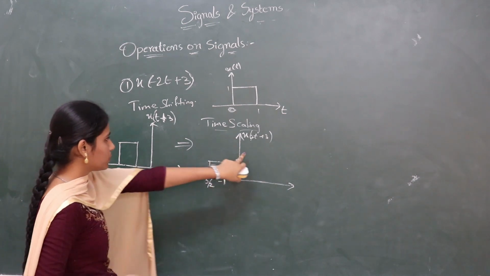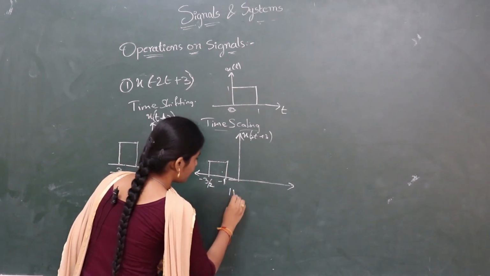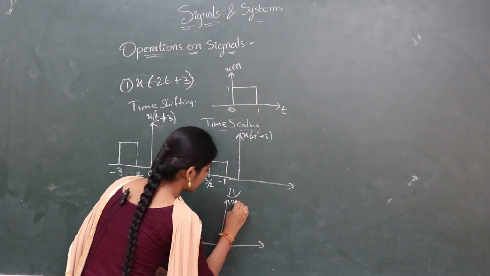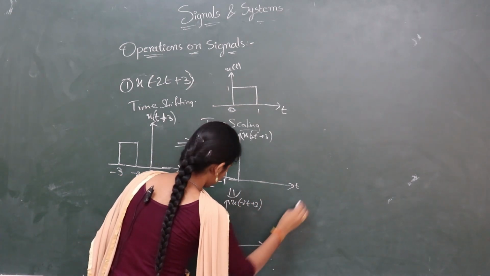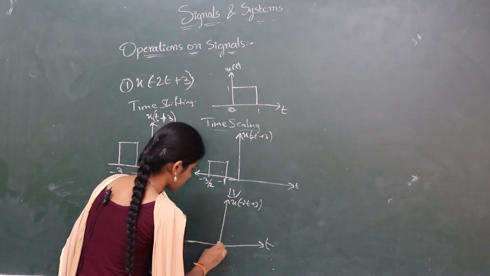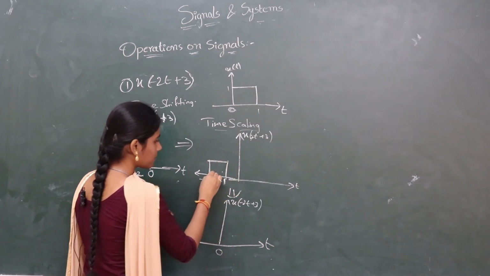Now to this time scaled version of the signal, we perform the time reversal operation to obtain the signal that they want, that is x of minus 2t plus 3. Time reversal is nothing but folding.